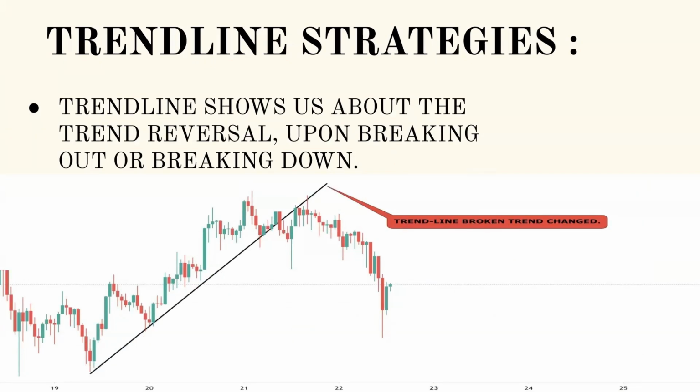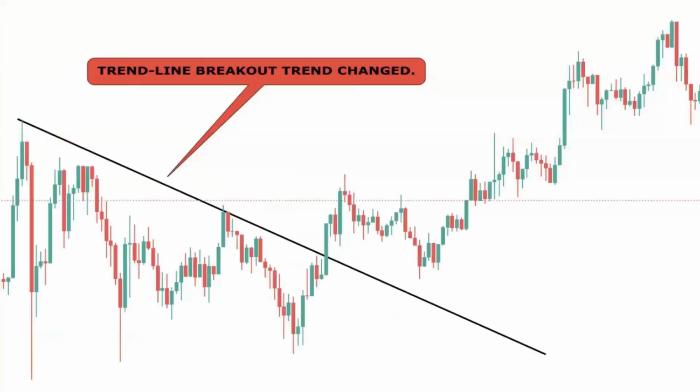Remember, when the trend line is broken and its support level is broken, the market converts from an upward trend to a downtrend. The same thing happens in the downward direction.